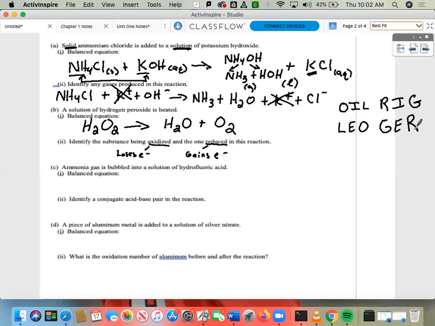I know that Carol Baskin's husband was eaten by her tigers, but maybe you have lions that you like to think about. Leo the lion says grr. Loss of electrons is oxidation. Gain of electrons is reduction. How about that? Whichever one suits you better, grab onto it.